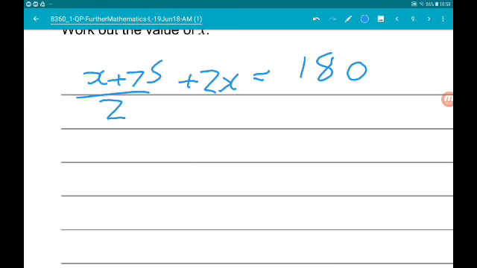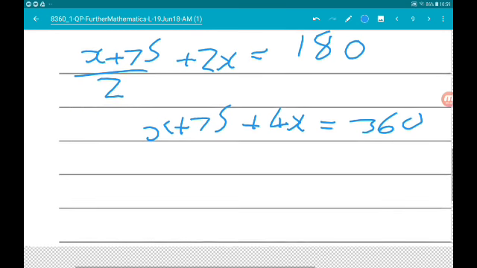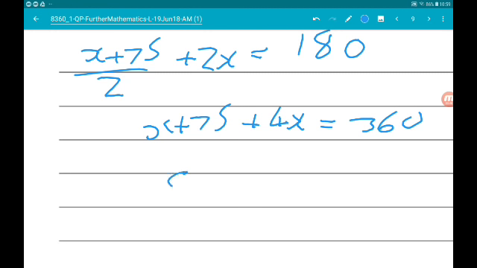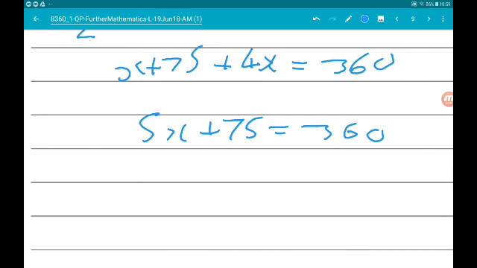So let's start by multiplying through by 2. So we get x add 75 add 4x is equal to 360. So we've got 5x add 75 is 360. Take 75. 5x is a number, 285.